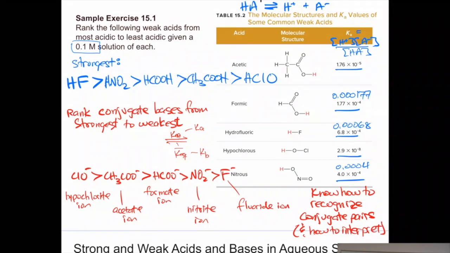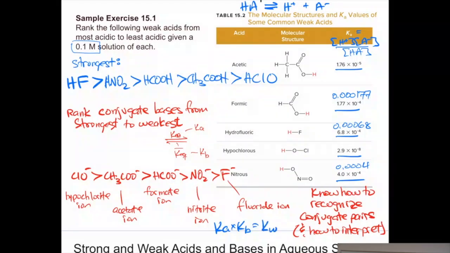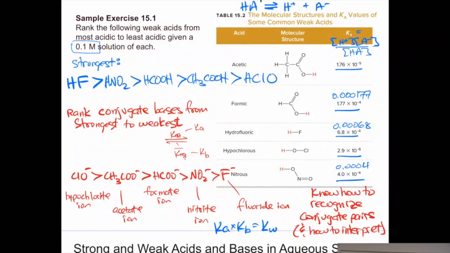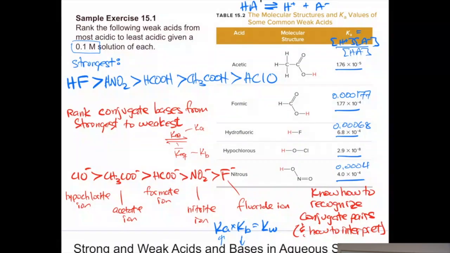And understand this, that Ka times Kb is equal to Kw. So as one increases, the other one's going to decrease, and vice versa, because they're always going to multiply out to be the same constant, the ion product constant of water, Kw.